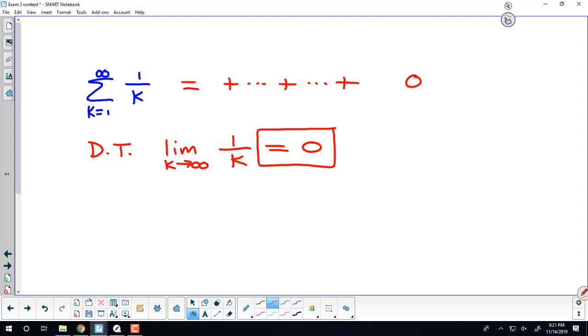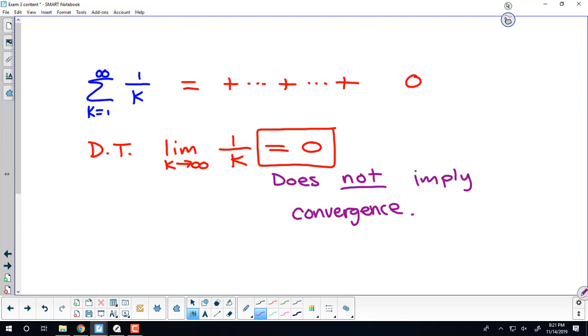So this right here does not imply convergence. Make sure you're not misinterpreting the divergence test. It's a powerful test when it works, but more often than not, it's misinterpreted than utilized correctly. The only time the divergence test works is if the limit at infinity is not 0.